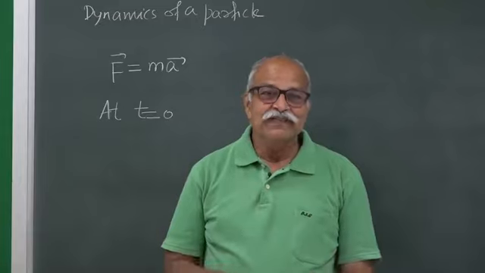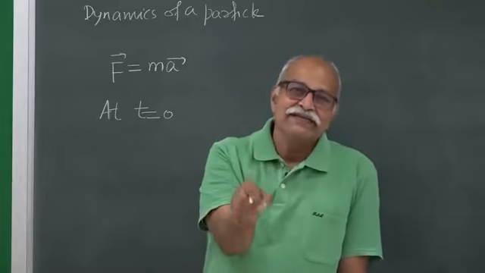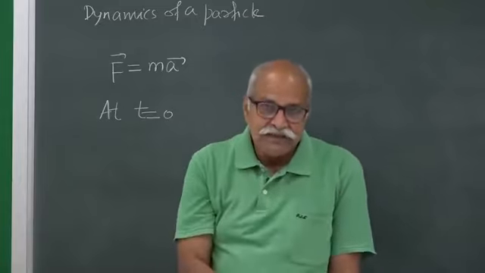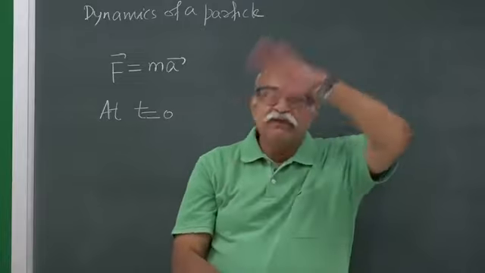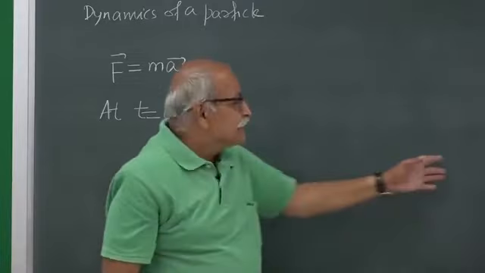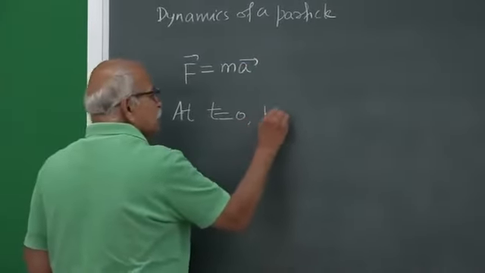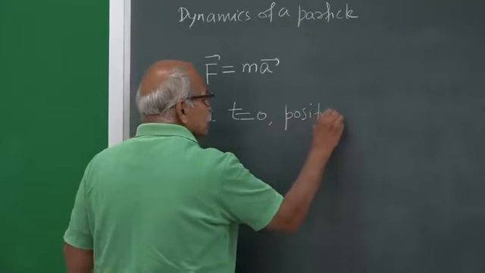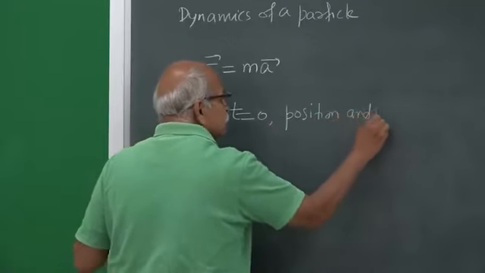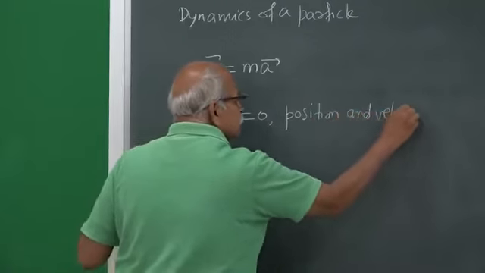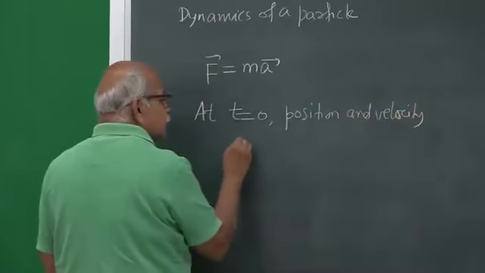It only tells that you have taken a particular instant as t equal to 0 and this result pertains to time before that. Nevertheless, at some instant which we call t equal to 0, the position and velocity of the particle is known.